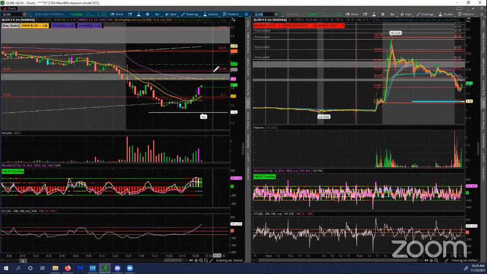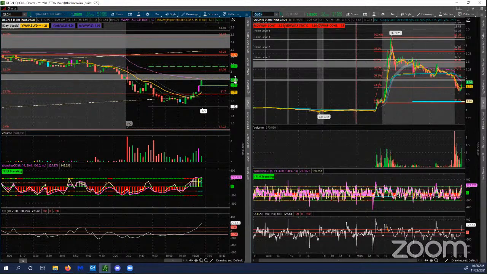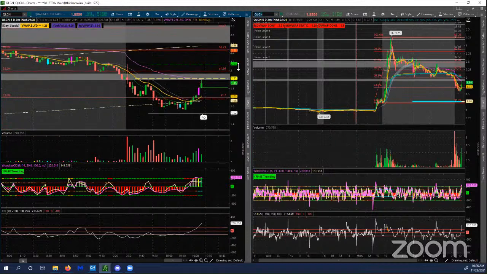I want to see a flag on it. I don't buy just green candles going up. I need to wait for consolidation or some kind of structure. We've got obvious selling pressure right here, so maybe we'll get our flag that we're looking for.